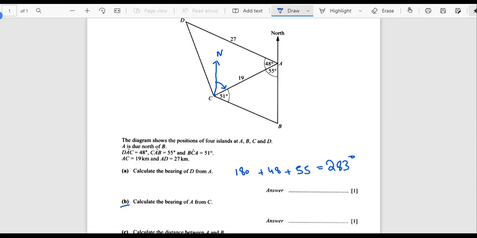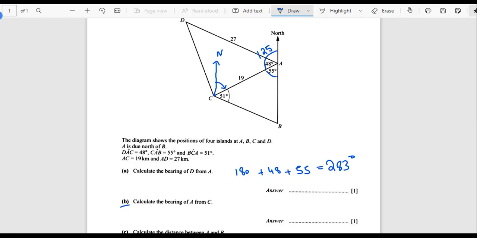For finding out this angle, I am going to find out this angle and then subtract that from 180. Okay. So sum of angles on a straight line is 180. If this angle is 55 degrees, I will do 180 minus 55, and that will give me 125.